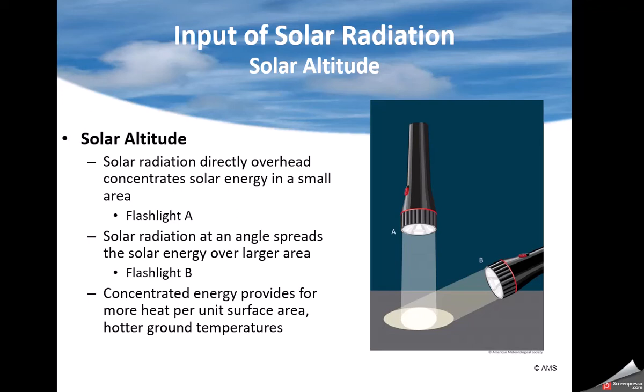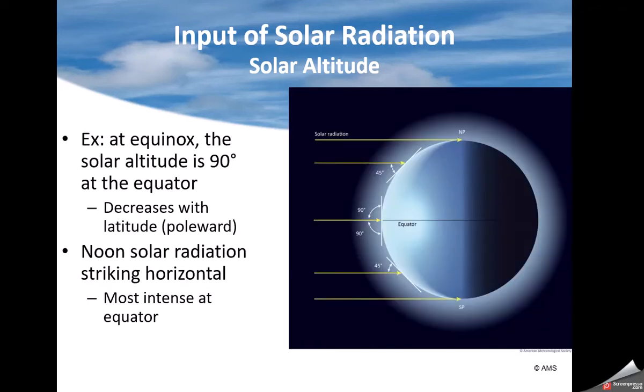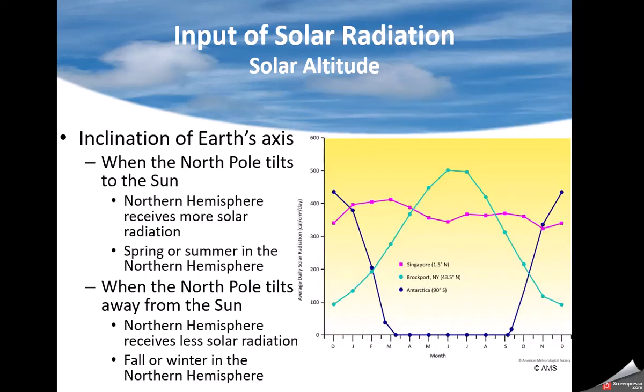That makes a difference in how our Earth is heated. Even right on equinox, the sun is just barely rising on the North Pole, maybe, depending on which one it is, or the South Pole. And you can see the angle here, a much broader area that the sun's radiation is striking over. So not as much radiation is reaching that part of the Earth.